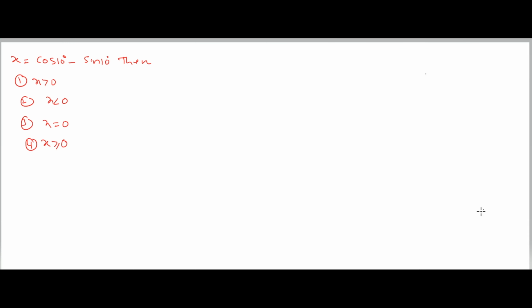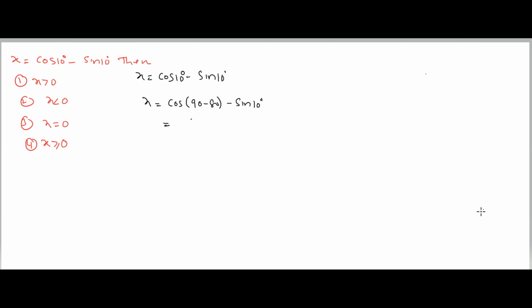x is equal to cos 10 degrees minus sin 10 degrees. Then here it is given x is equal to cos 10 degrees minus sin 10 degrees. So cos 10 degrees is written as cos(90 − 80), minus sin 10 degrees. 90 minus theta lies in the first quadrant, and in the first quadrant cos theta is positive.